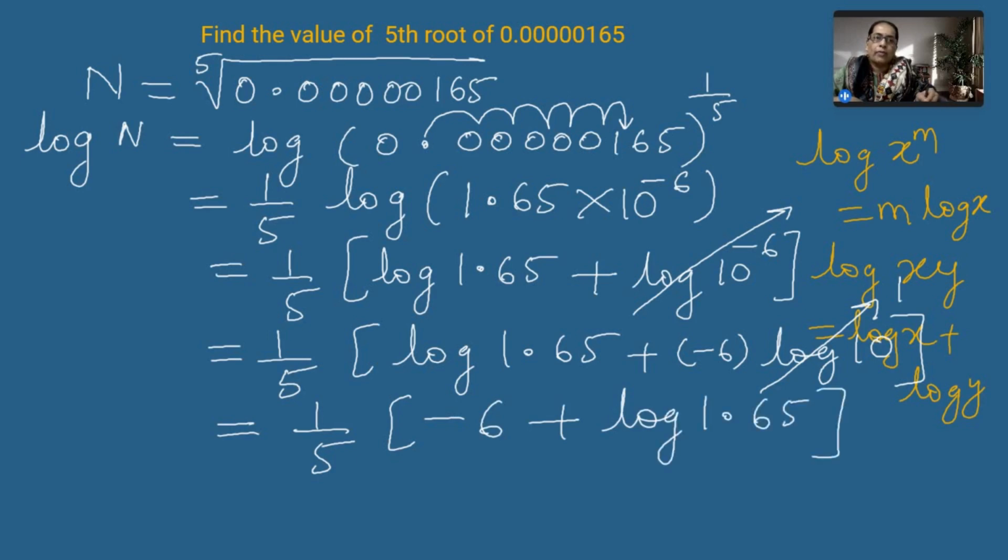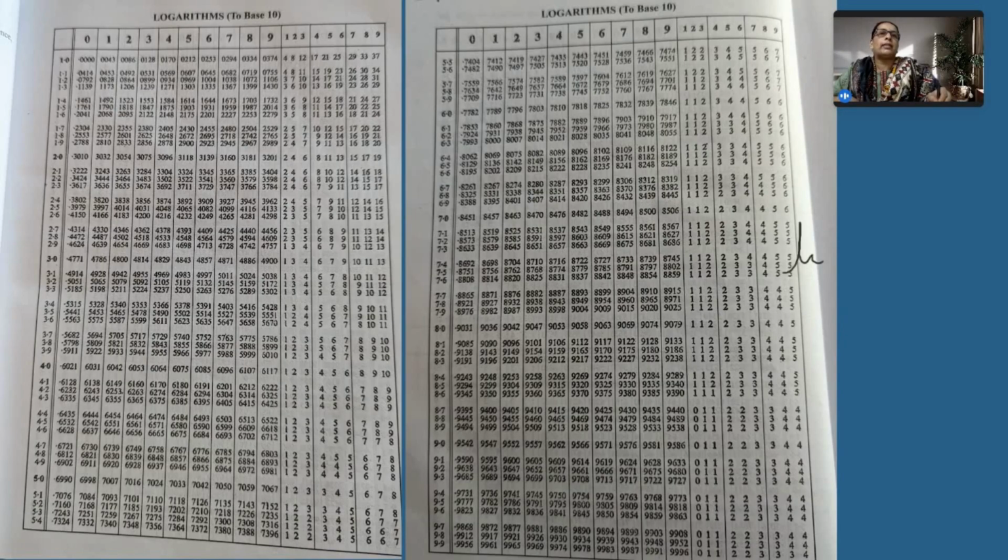1.65. Now we have to see the logarithm table to find log of 1.65. To find log of 1.65, we have to search for 1.6 along the first column. So search for 1.6 in the first column.